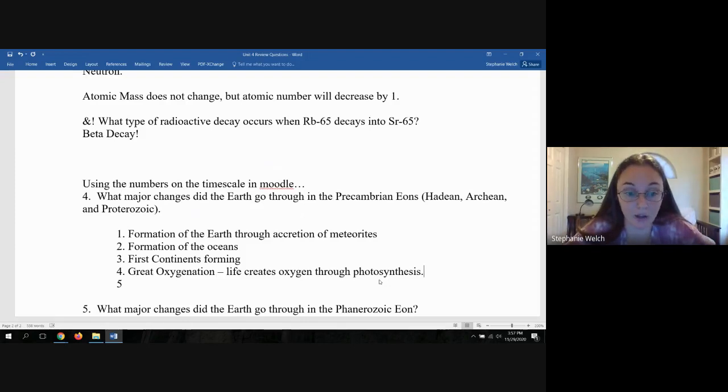Cyanobacteria building algal mats and structures called stromatolites would start to pump oxygen into the oceans and into the atmosphere, dissolved oxygen into the ocean, and then molecular oxygen into the atmosphere, which is going to completely revolutionize the planet and make it possible for large-scale life to later evolve.